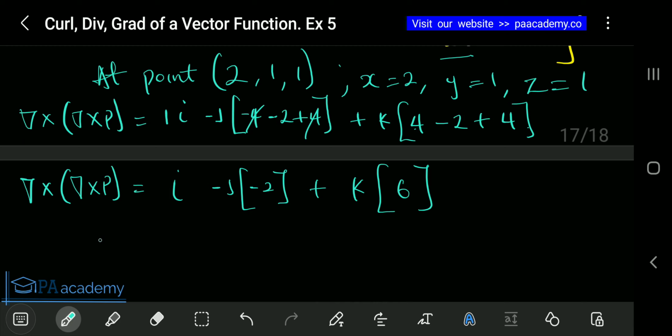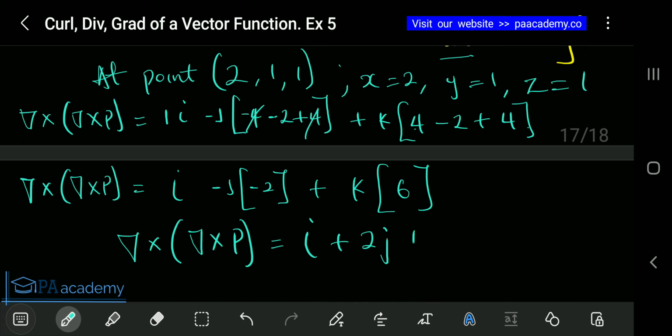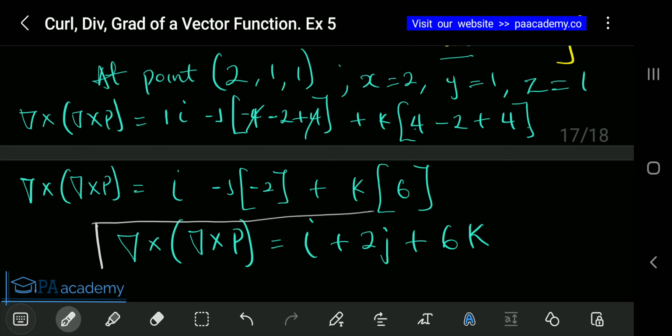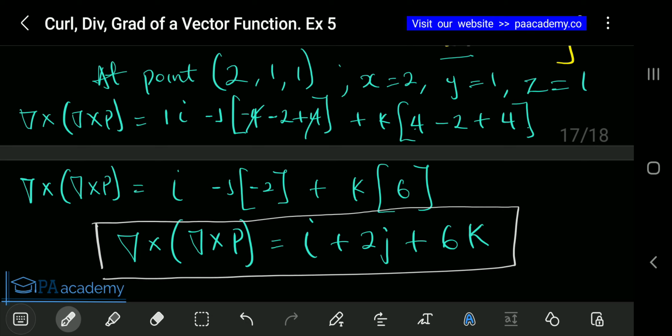So with this, our final answer will be written as curl P equals i minus j multiplied by minus 2, plus 2j plus 6k. And this we have here is the answer to this example.